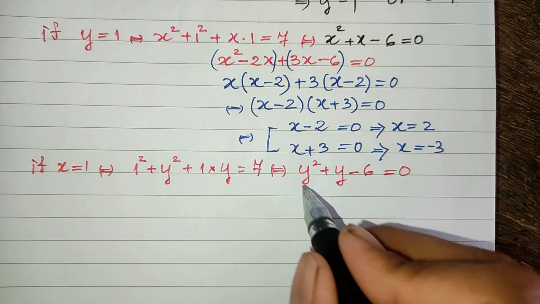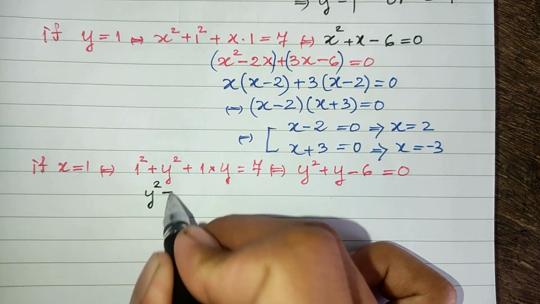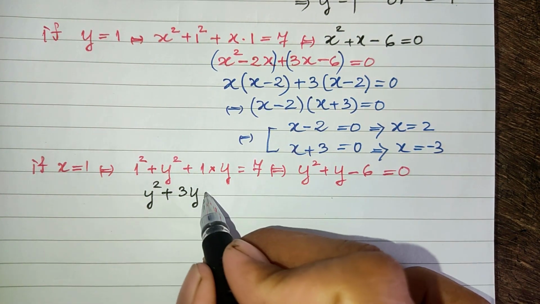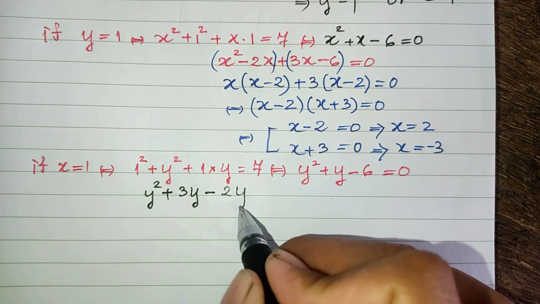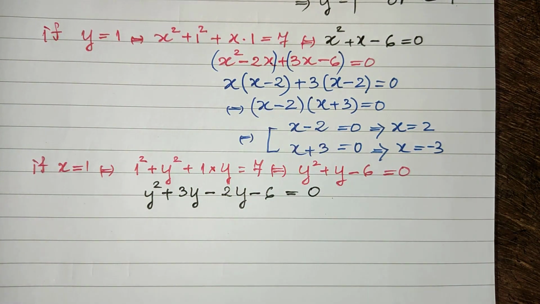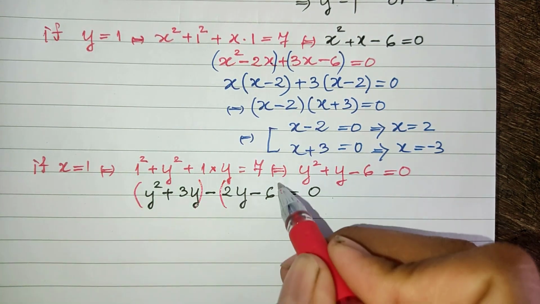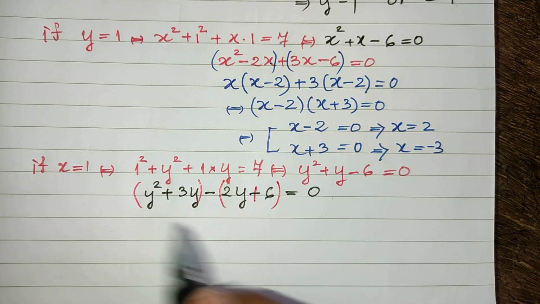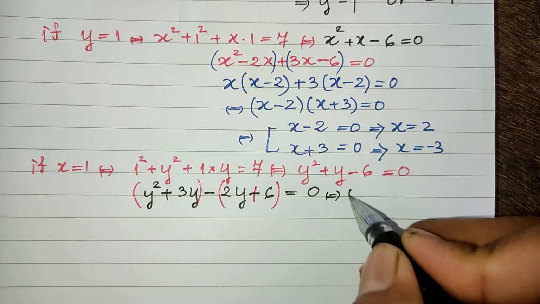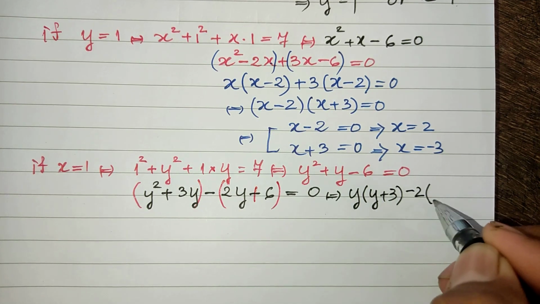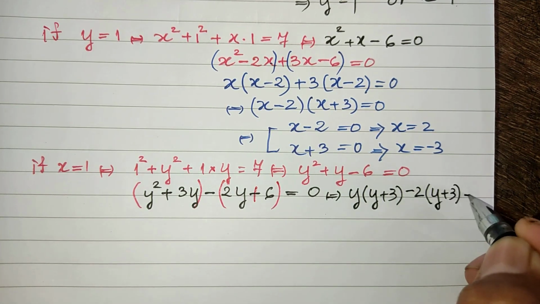We get y squared plus 3y minus 2y minus 6 equals 0. Now I take y out as a factor, so we get y bracket y plus 3 minus 2 bracket y plus 3 equals 0.